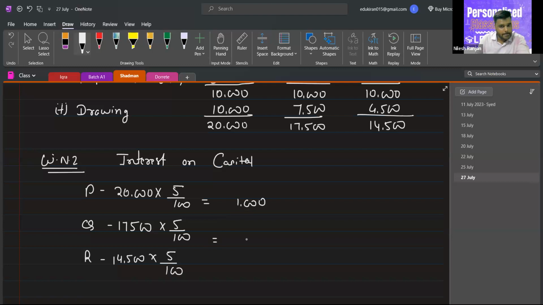It will be 825 here, and 875, and it will be 725. So this is our interest.